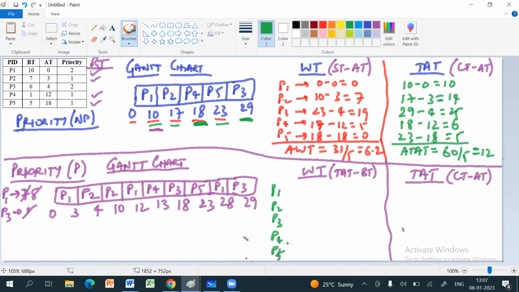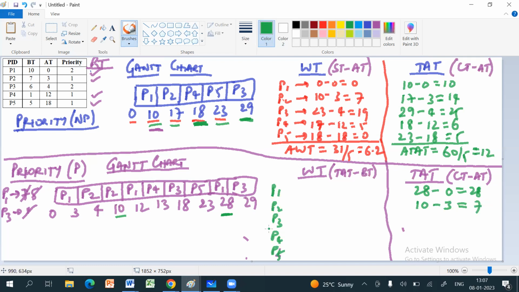Okay, so P1 turnaround time: P1 completed at 28, so that would be 28 minus the arrival time, that is 0, so 28. Then followed by P2, P2 completed at 10, there's no more instance after that, so 10 minus its arrival time 3, which comes to 7.